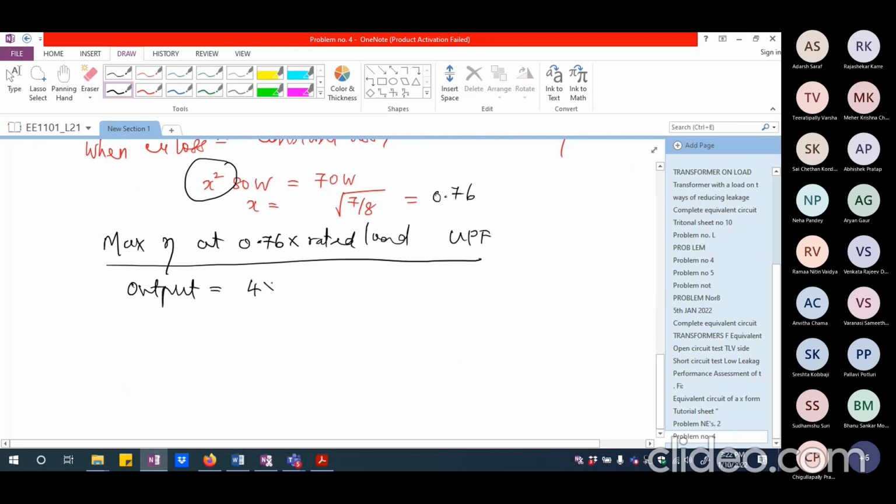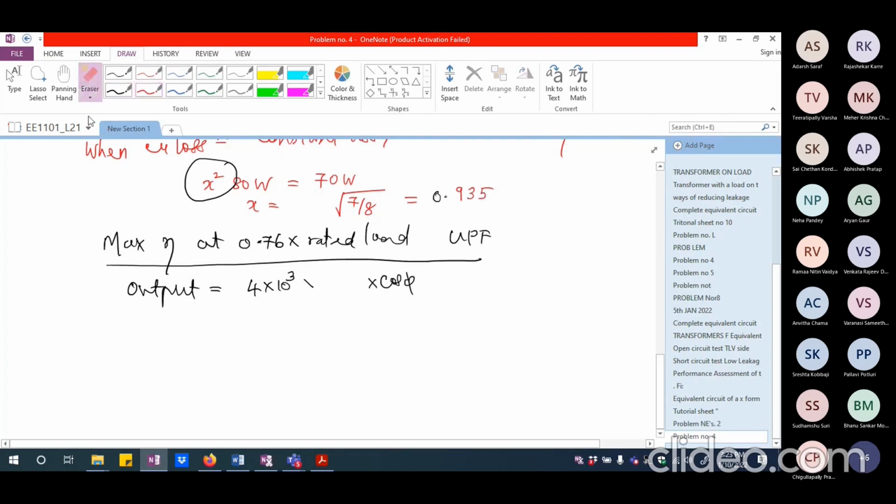Output will be 4 kVA, so 4 into 10 power 3 multiplied by 0.76, because if it is 100% load, it will be 1. If it is only 0.76 times rated load, it will be multiplied by 0.76, and unity power factor, which is cos phi.